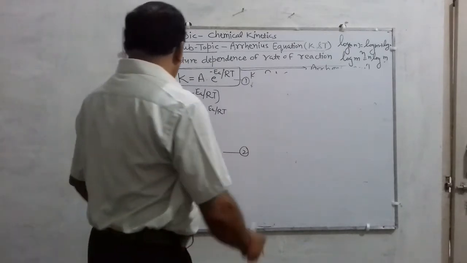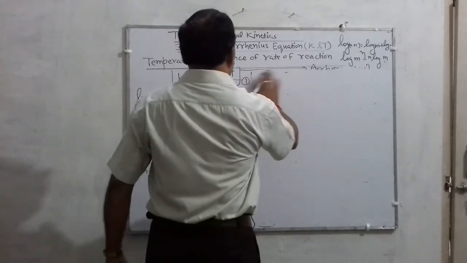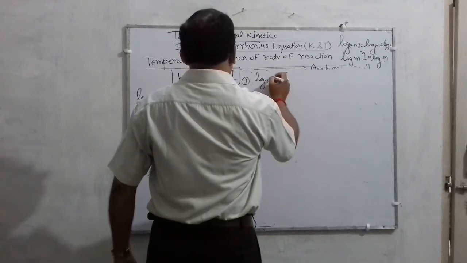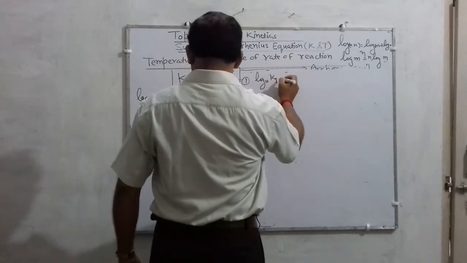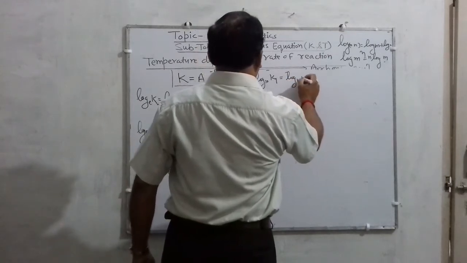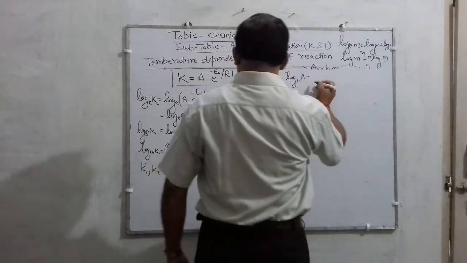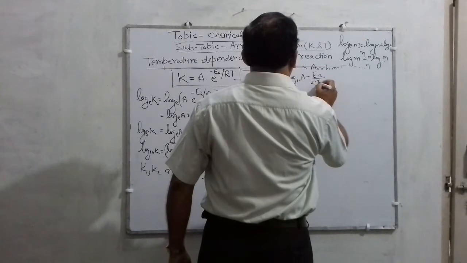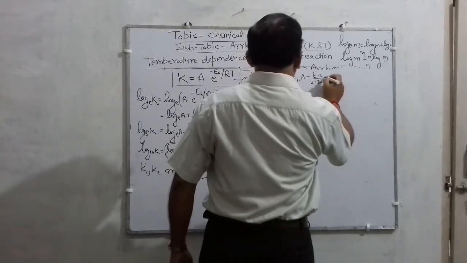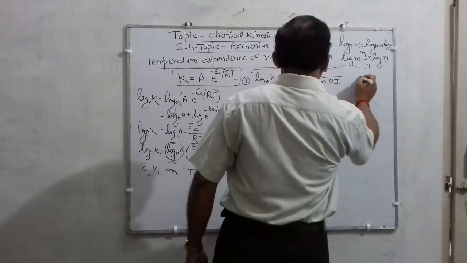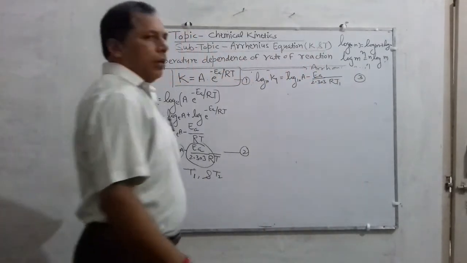So using this formula, log 10 K1 is equal to log 10 A minus E_a divided by 2.303 RT1, students. Suppose this is equation number 3.